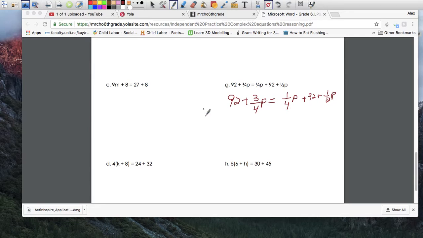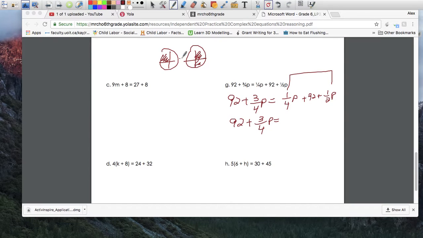So in this case, nothing I can do on this side, and you see the 92s. I have a 92 here and a 92 here, so I can circle those two. But before I do that, I'm going to do something else. I'll copy this, and I have a p and a p here, so I'm going to combine these two and make it into one single. So 1/4 of p and 1/2 of p. Think of 1/4 as this, 1/2 as this.